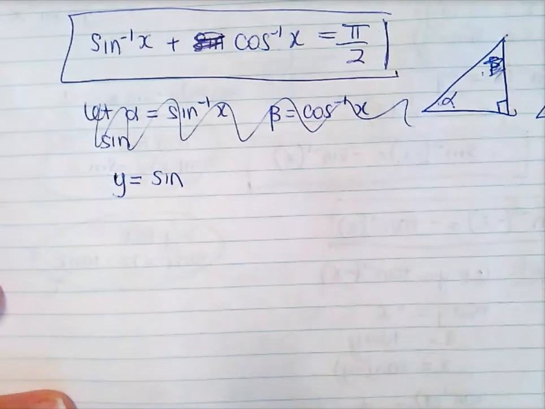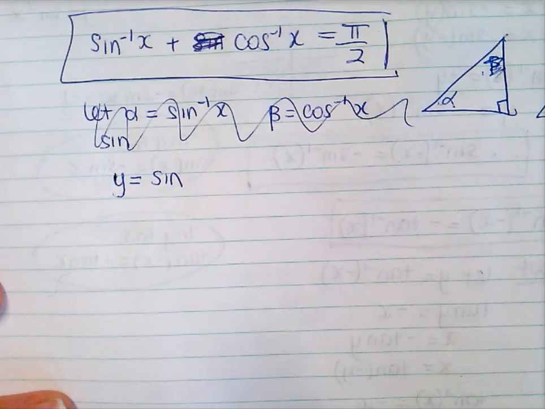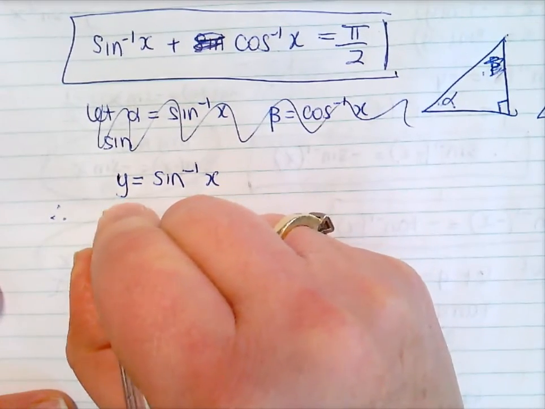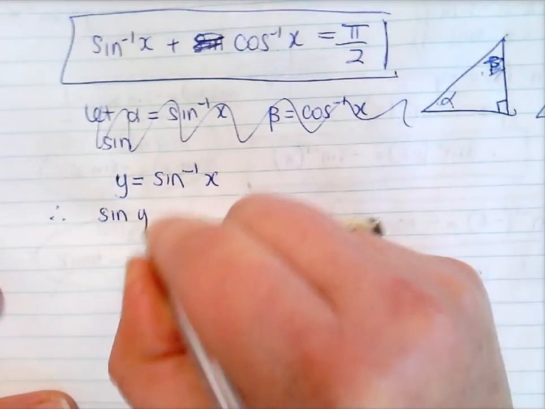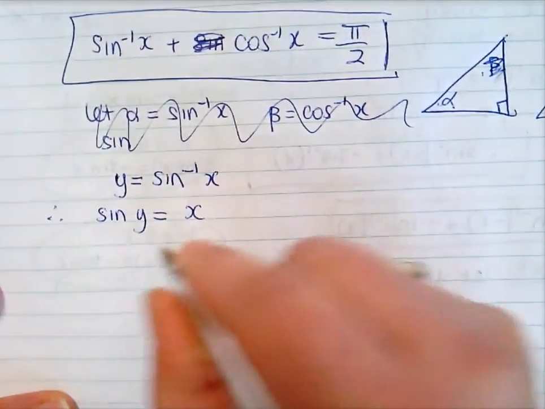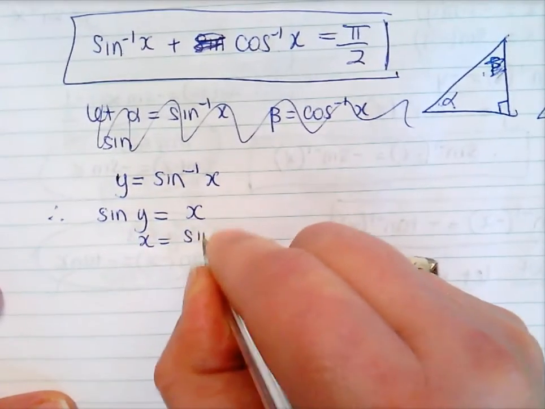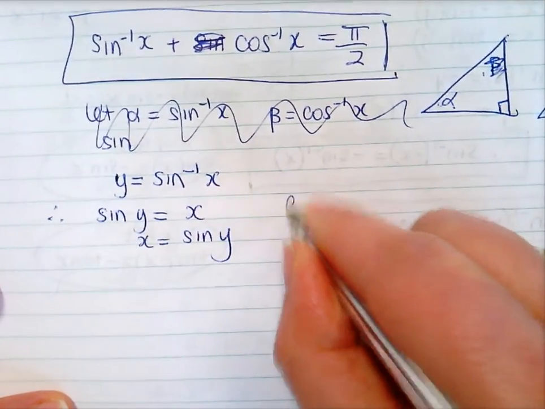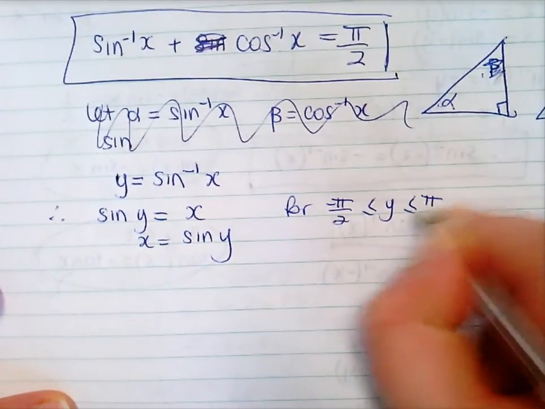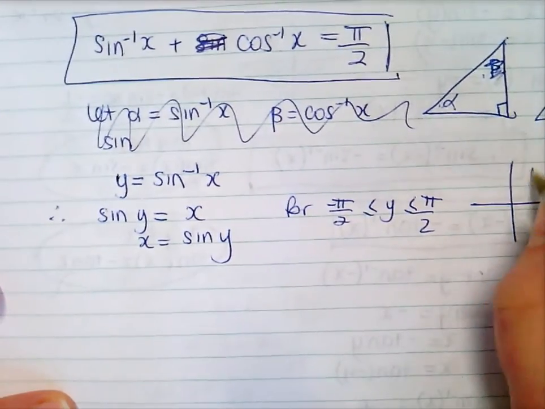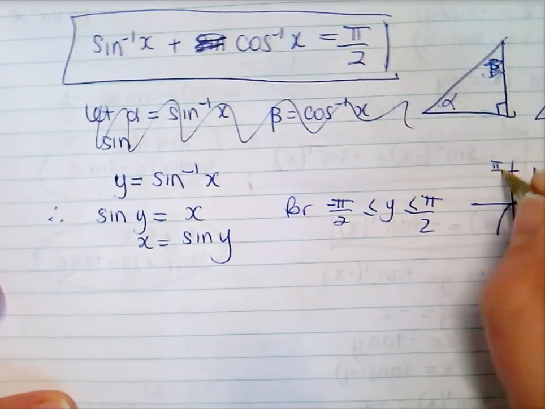So let y equal sine to the minus 1 of x. Therefore sine of y equals x, or x equals sine of y. Remember, y has to lie between negative pi on 2 and pi on 2 for the inverse sine function.